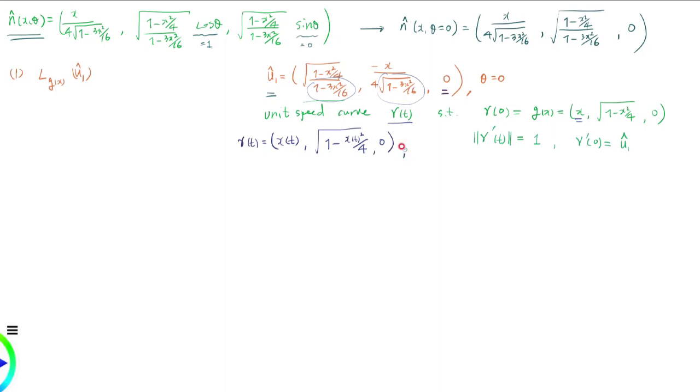Okay, and we have to determine the t derivative of this x coordinate to make it a unit speed curve.